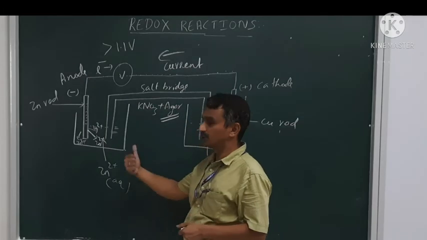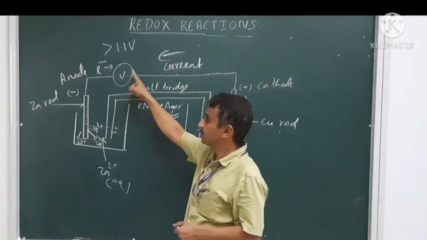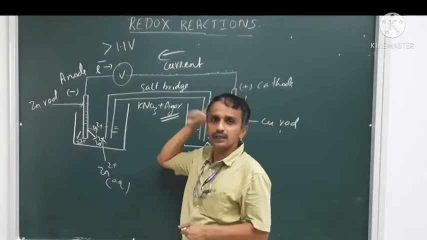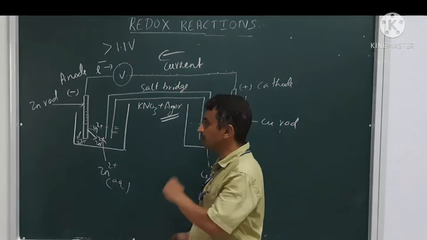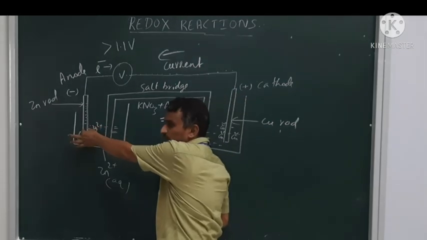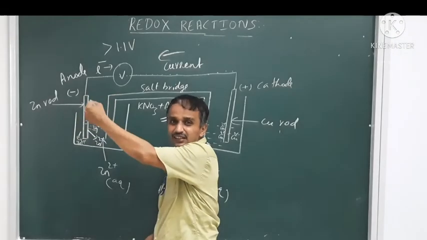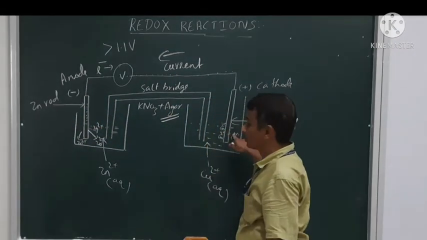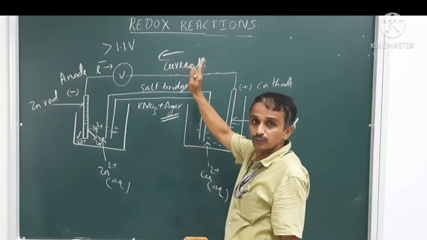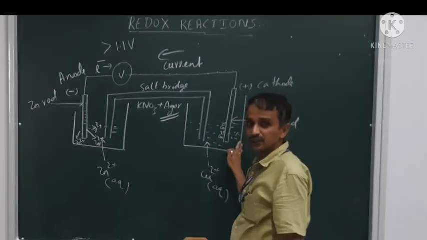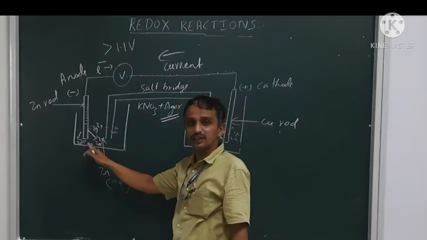So in this case, the Daniell cell acts as a normal electrolytic cell. And what happens here? This zinc rod becomes thicker and thicker, whereas the copper rod becomes thinner and thinner.